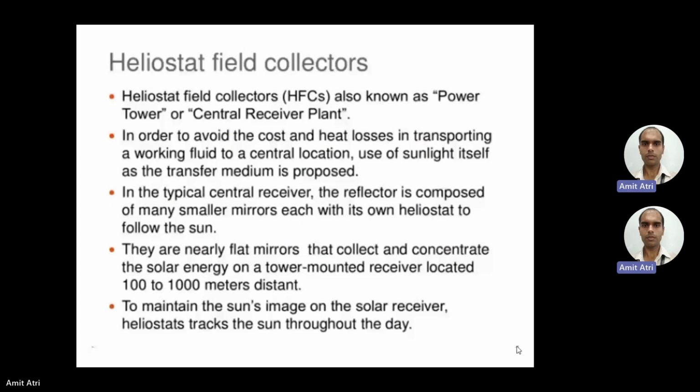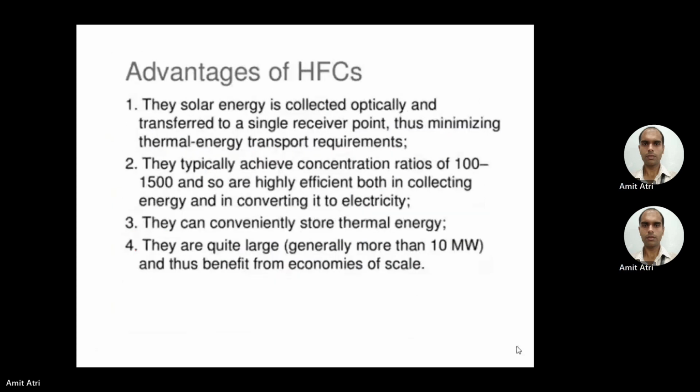So the advantages of these heliostat field collectors. Okay, the solar energy is collected optically and transferred to a single receiver point, thus minimizing thermal energy transport requirements. Fluid is not being circulated here to a large distance. Sunlight is being transferred.